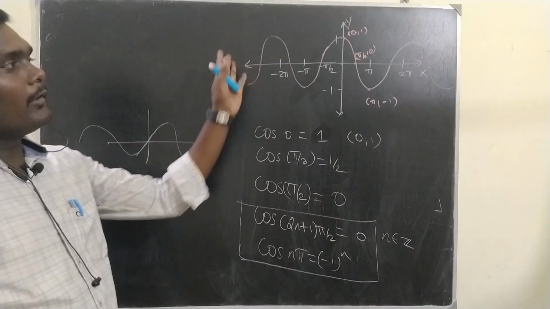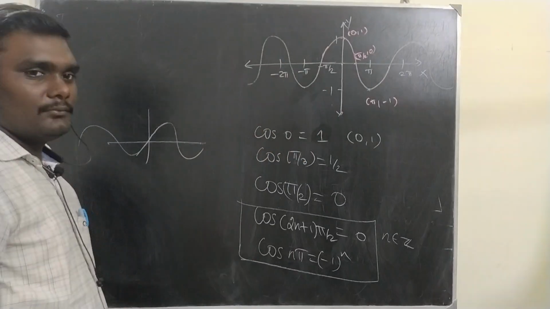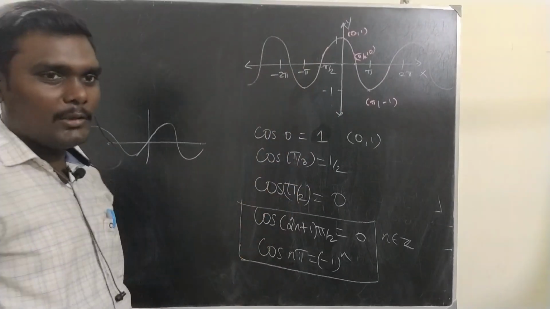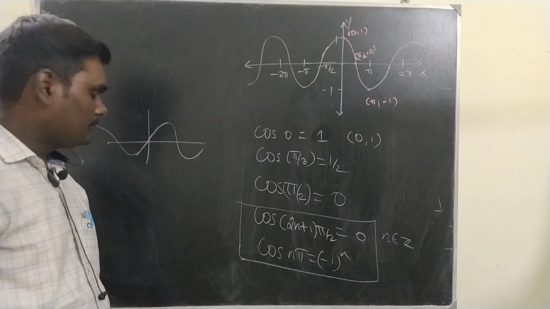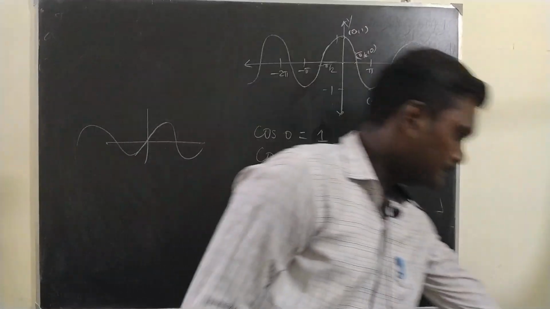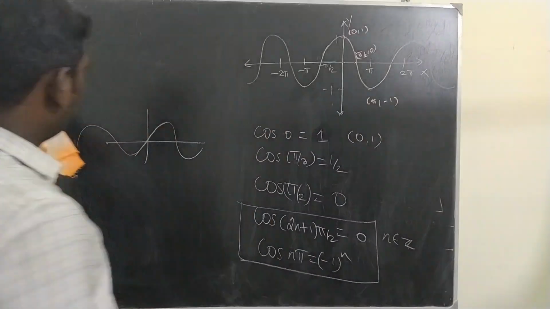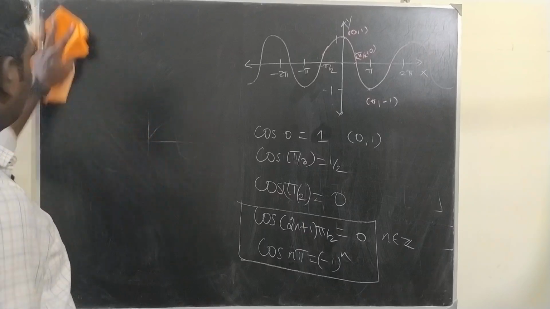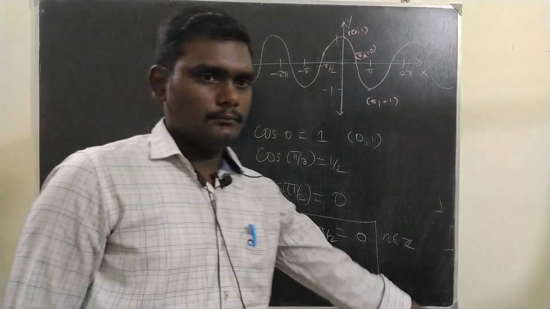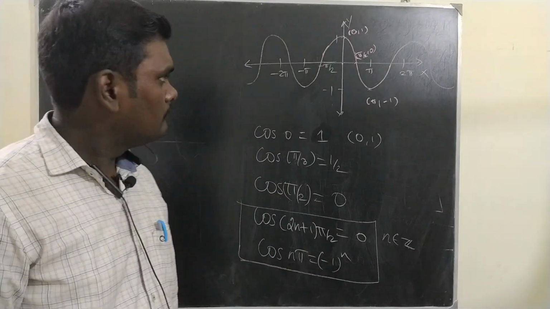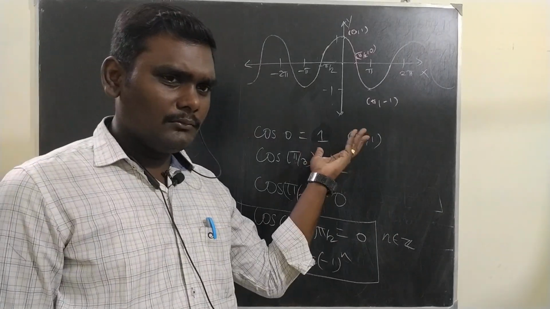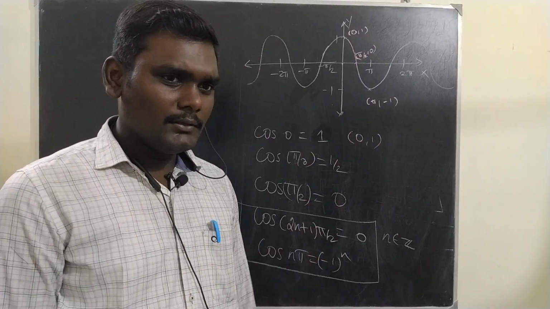Now for this, we are going to make this function bijective. Check whether this is bijective, one to one, onto, anything.